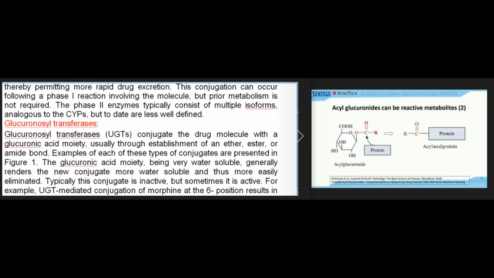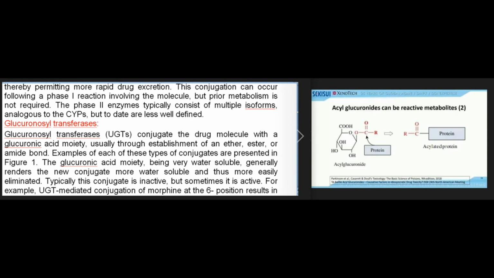Glucuronosyltransferases, UGTs, conjugate the drug molecule with a glucuronic acid moiety, usually through establishment of an ether, ester, or amide bond. Examples of each of these types of conjugates are presented in Figure 1.